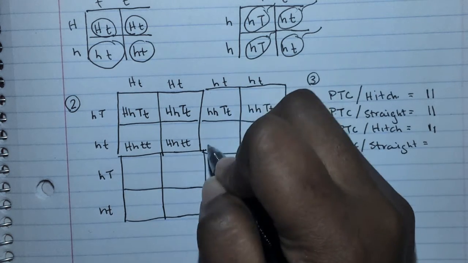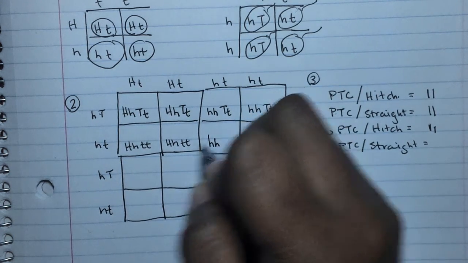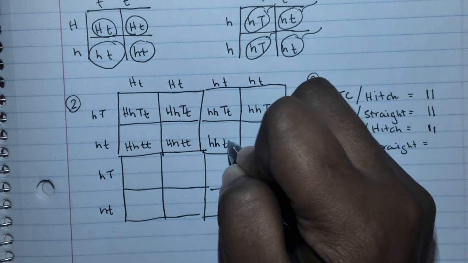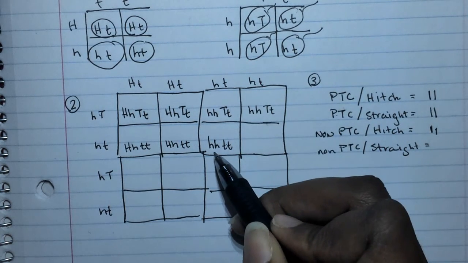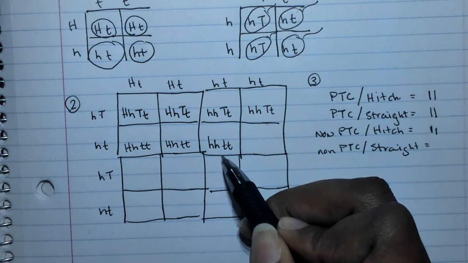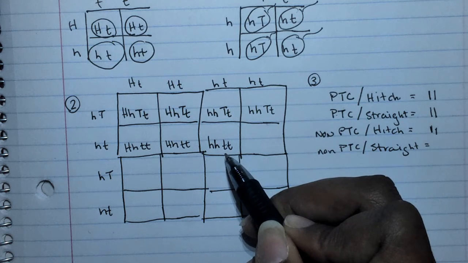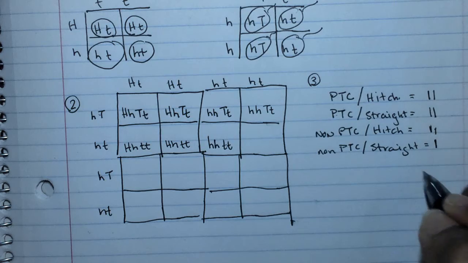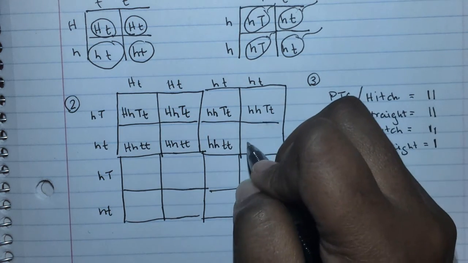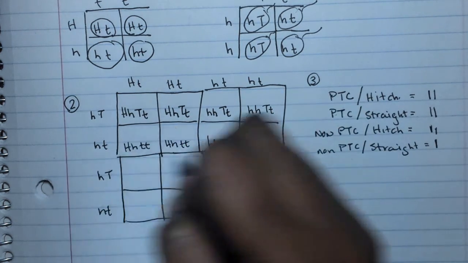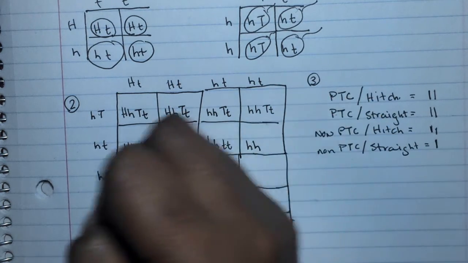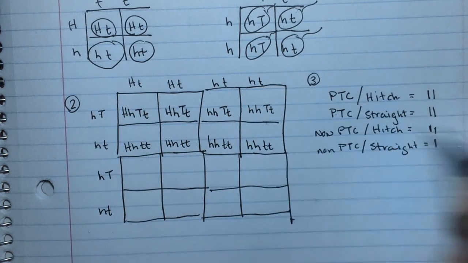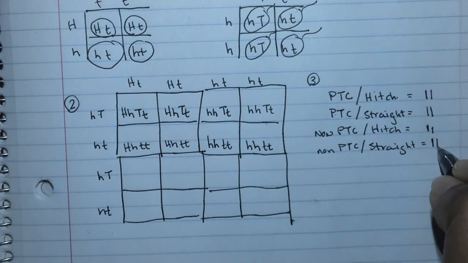Then I've got this one, little h and little t, little t. Well, this person is a straight thumb individual and a non-PTC tasting individual. So that's over here, straight, non. And then little h, little t, little t. Again, that is the same.